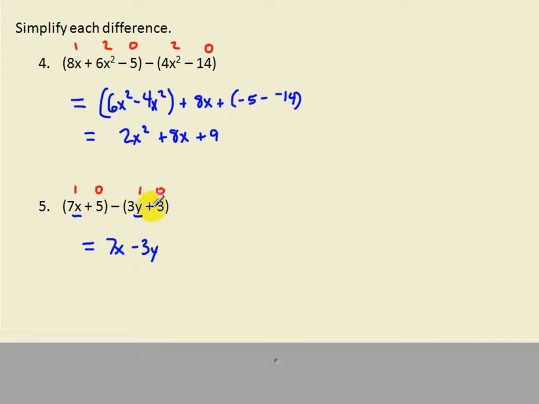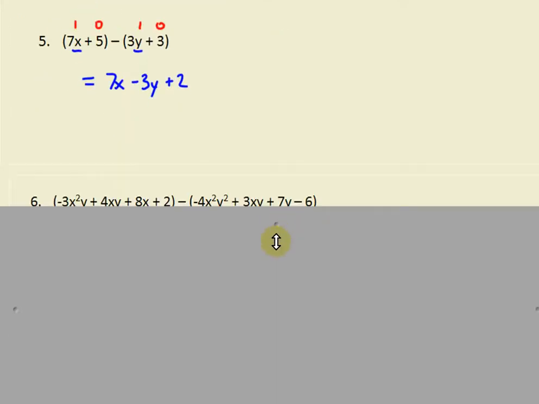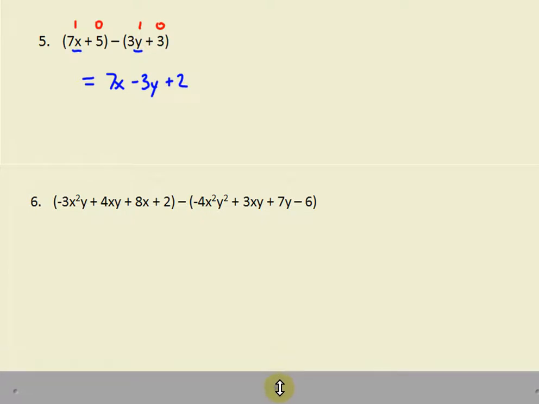We have 5 minus 3 will give us 2. Okay, so we still end up with 3 terms, even though 2 of the terms are degree 1. We can't combine them again because they have different variables. And for number 6, now we get a little more work here. So here we have a polynomial with 4 terms and another polynomial with 4 terms.